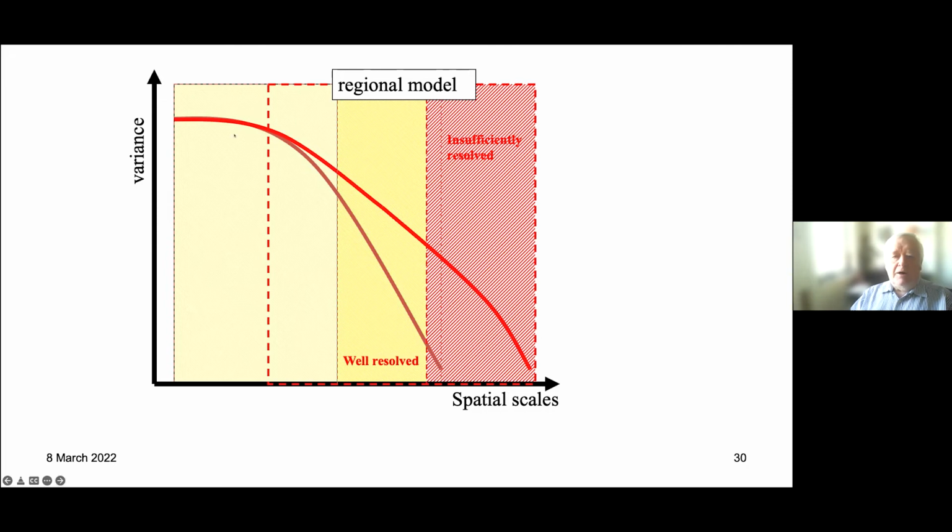But the yellow part here was already resolved by the global model. Here we had insufficient resolution for the global system, but well resolved for the regional system. And this is where we have the added value of regional modeling. Here we have something which is better than we had from the global model. Not necessarily here. Again, we do not really know where this line is.